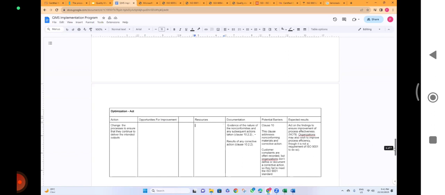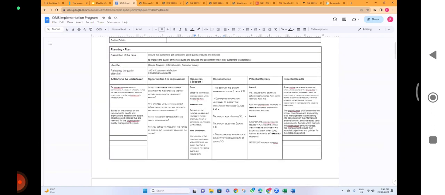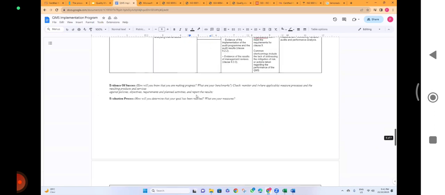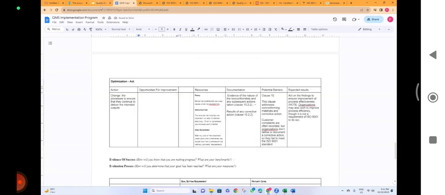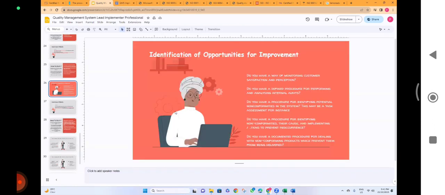And then when it comes to resources, you already know, we said resources can be looked at in what? In 3 ways. So these are the resources that we need, okay? So you say these are the resources here, and then now what are the opportunities for improvement? So the opportunities for improvement here, you can see. So let us say these are the opportunities for improvement here.